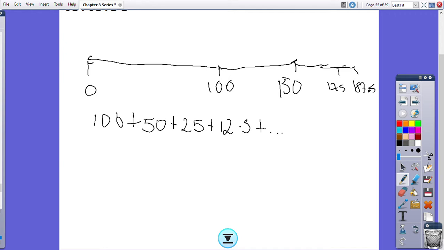And if it's tending towards a certain value, eventually Achilles will be at the same point as the tortoise. So he will have caught him.